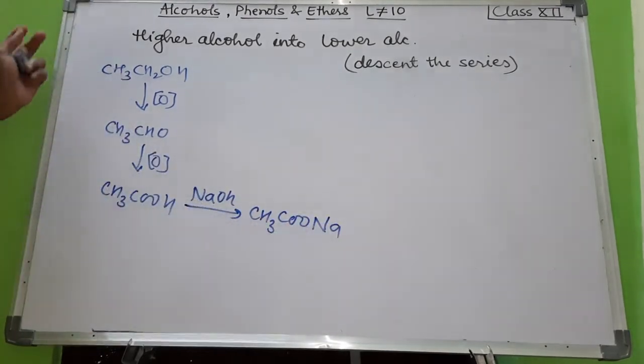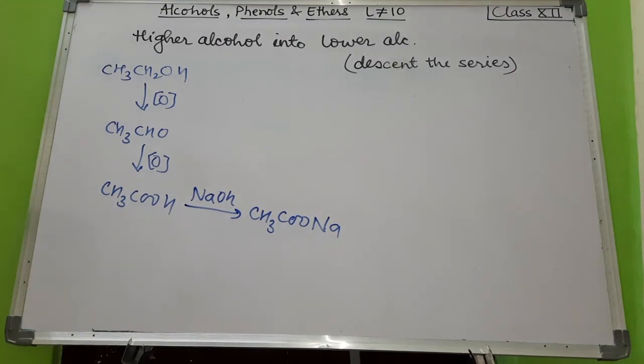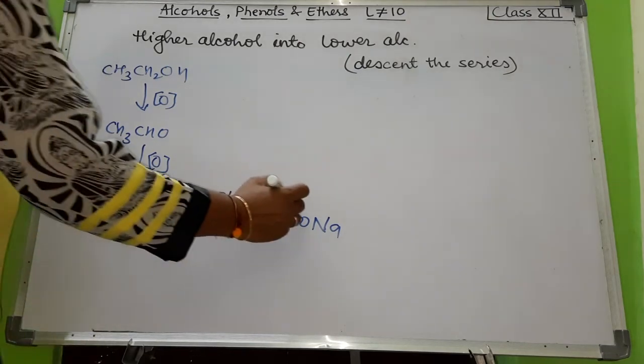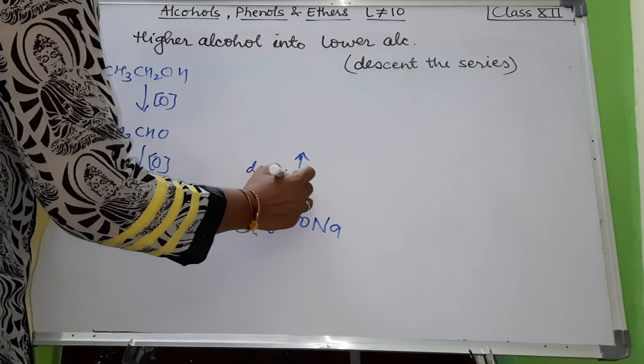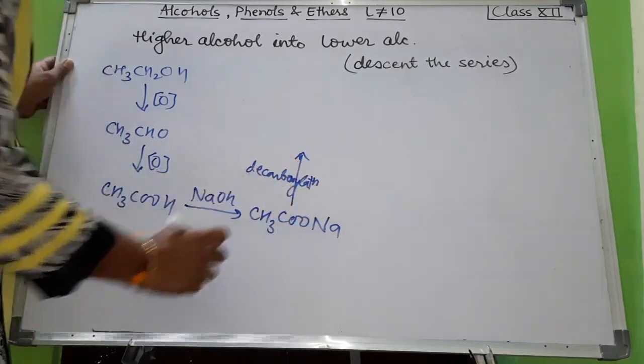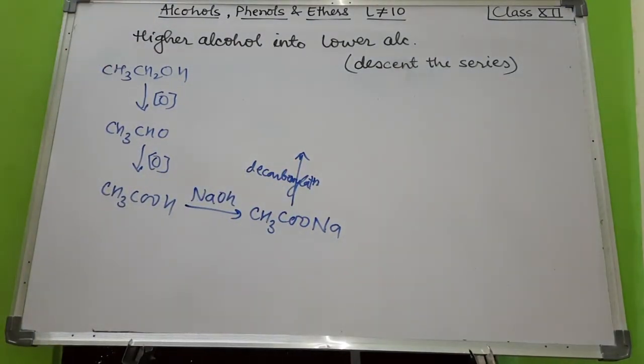One thing should be kept in mind: whenever you want to descend the series, always carry out the decarboxylation reaction. Decarboxylation reaction means treatment with NaOH and calcium oxide. It is an important part; without this we cannot convert a higher alcohol into a lower alcohol.